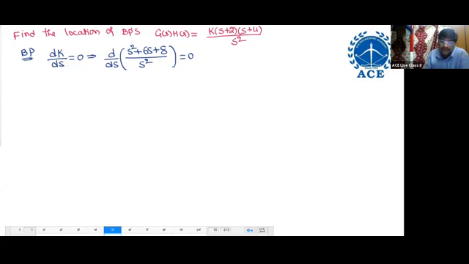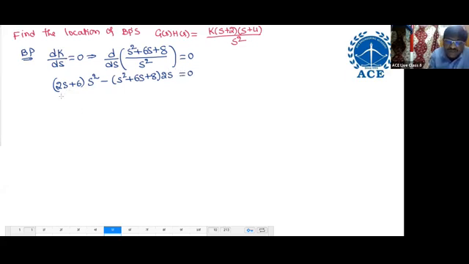Four by 3, now minus 1.33. 0, minus 2.66. So here, differentiate: u dash means 2s plus 6, u dash into v means s square, minus u, s square plus 6s plus 8, into v dash means 2s, equal to 0.